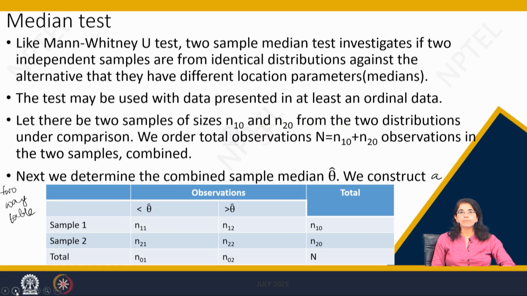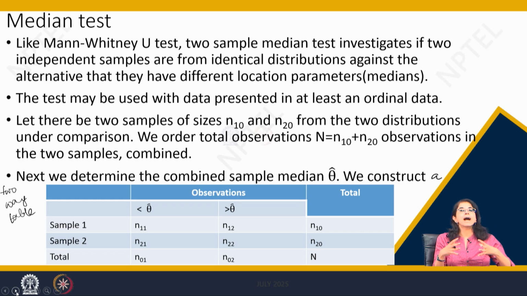Let there be two samples of sizes n10 and n20, where 1 means the first sample and 2 means the second sample. From the two distributions under comparison, we order the total observations, N equal to n10 plus n20.